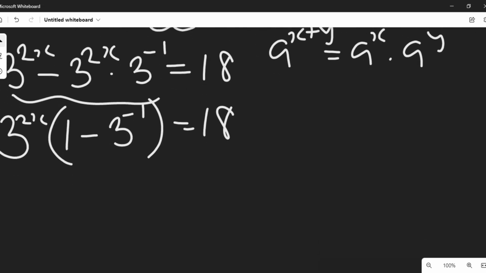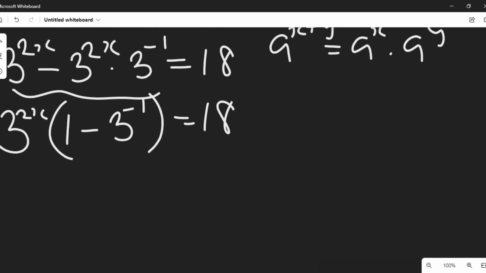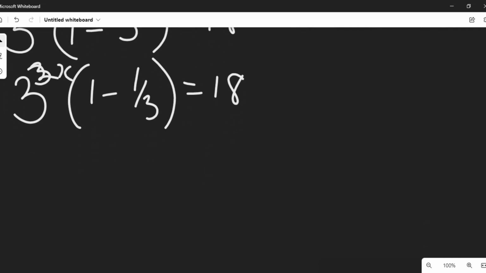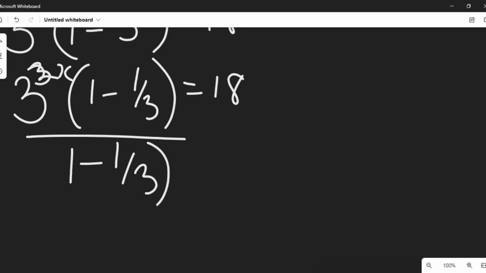So what we simply need to do is to simplify this. We'll have 3 raised to power 2x into bracket 1 minus 1 over 3 equal to 18. We'll divide both sides by 1 minus 1 over 3.